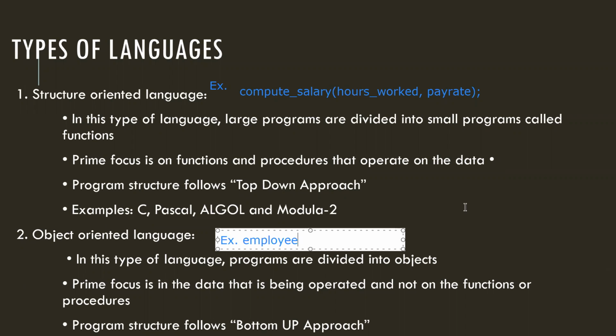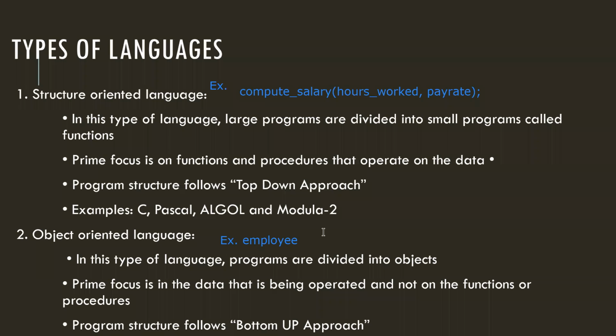So your structure-oriented language focuses on tasks, but the object-oriented languages focus on objects. Like real objects, real people, you can talk about employees, you can talk about the salary, or even a musical instrument.